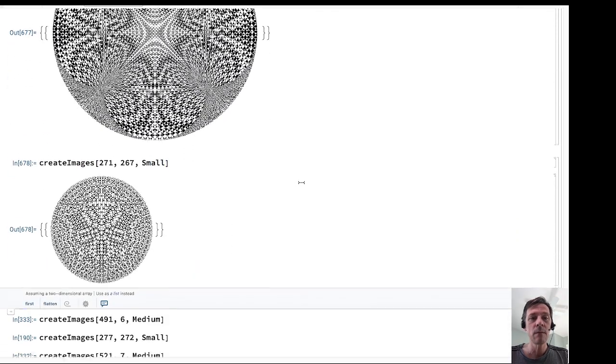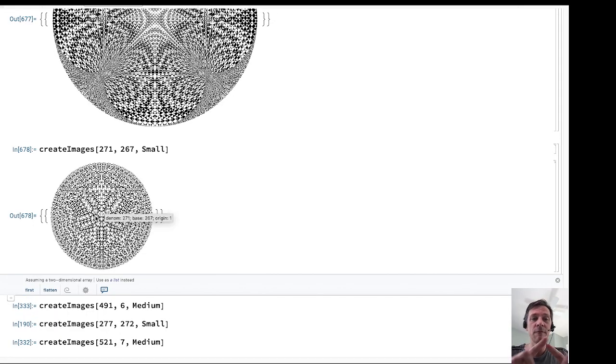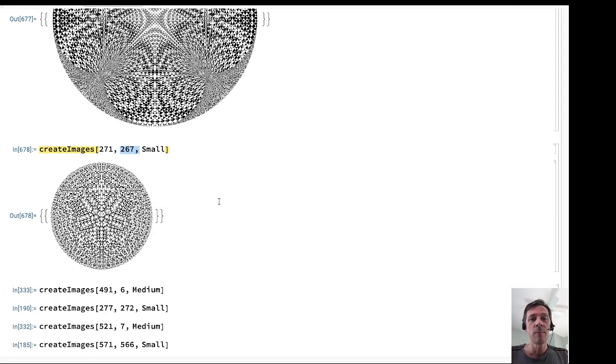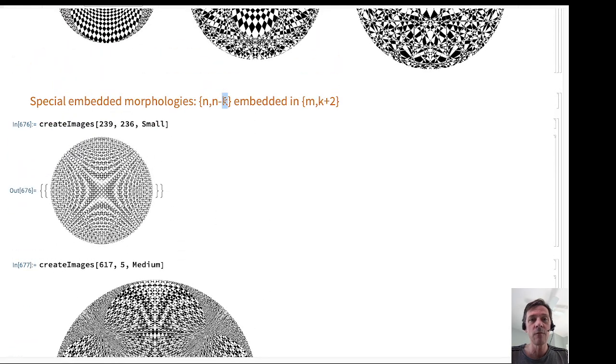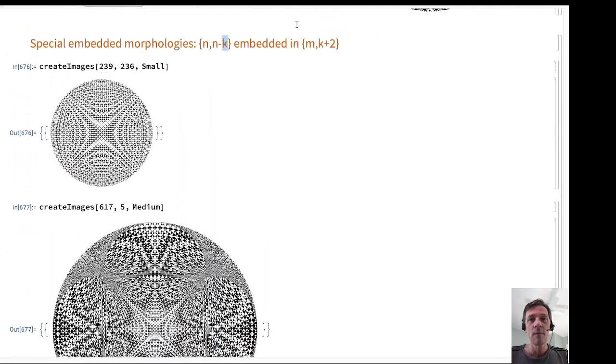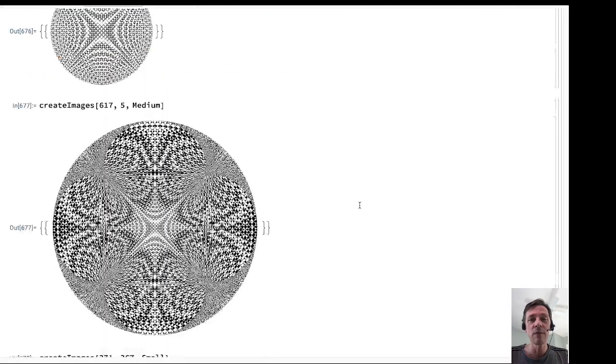Here is the familiar-looking 5-pointed star that we get from the base n minus 4, right? n is 271, and this is n minus 4. I get the 5-pointed star thing. So the value of k is 4, and so the value of k plus 2 is 6.